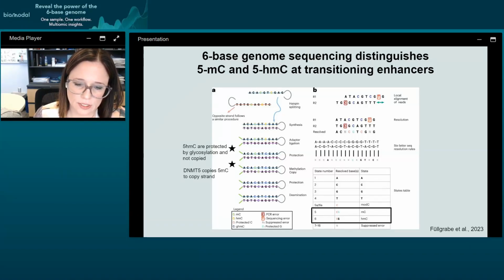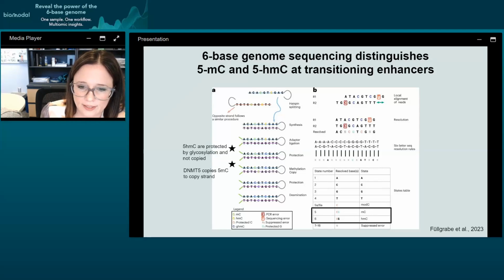And it allows you to distinguish, as I said, between methylcytosine and hydroxymethylcytosine. So the way that it's able to do this is by taking advantage of different enzymes that can protect hydroxymethylcytosine in the DNA and also copy the methylcytosine to subsequent strands during the protocol.